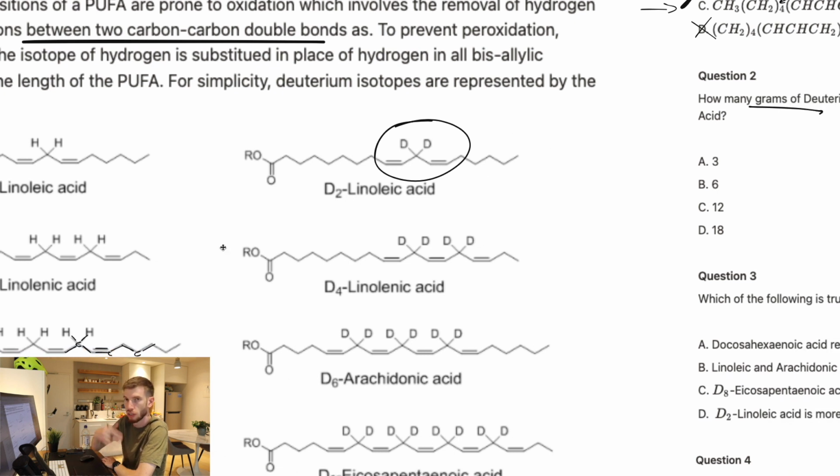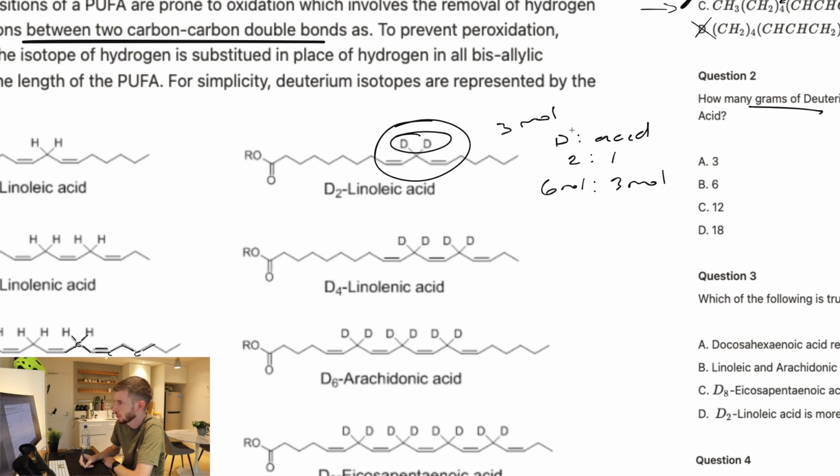So we always want to work in moles first and then convert out to mass at the end in chemistry. So if we have 3 mole of the acid, then we have 2 mole of deuterium per mole. So the number of deuterium to the number of acid as a ratio is 2 to 1. So therefore, if we have 3 mole of acid, we should need 6 mole of deuterium.